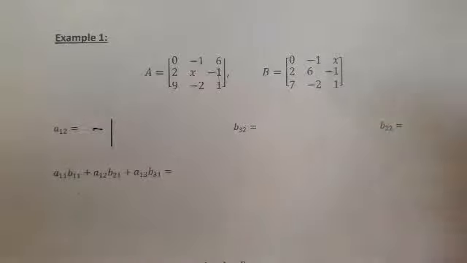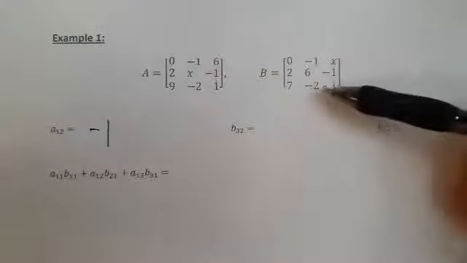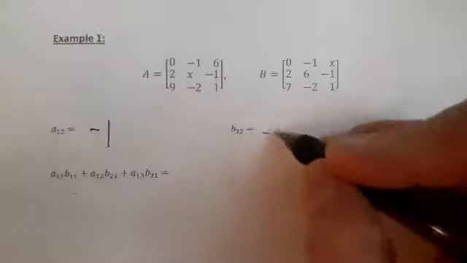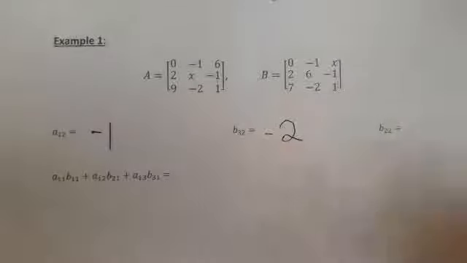B32, and what I'm doing is looking up and looking where it would be. That would be this one. I'm hoping you can look at the table and pick out these numbers. B22 would be that middle one, which is what, 6?